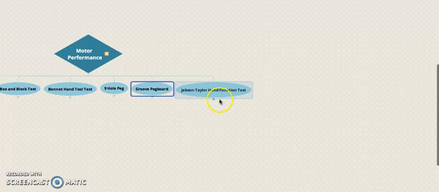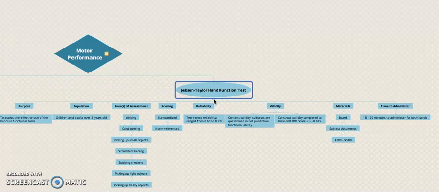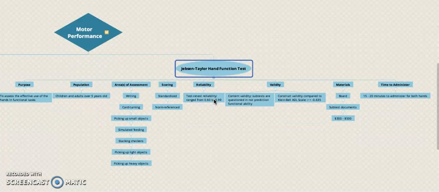Our remaining motor performance assessment that we'll be looking at is the Jebsen-Taylor hand function test. This test is going to assess the effective use of the hands in functional tasks. We'll be looking also at children and adults over 5 years old. The areas of assessment include 7 subtests: writing, card turning, picking up small objects, simulated feeding, stacking checkers, picking up light objects, and picking up heavy objects.